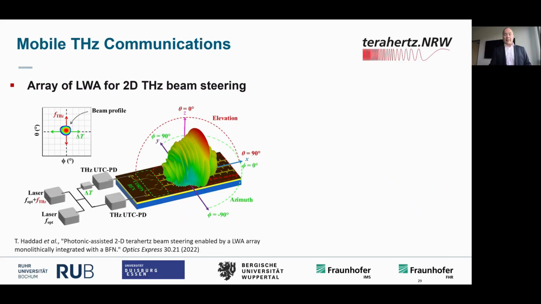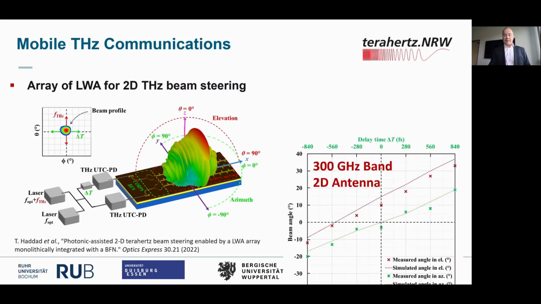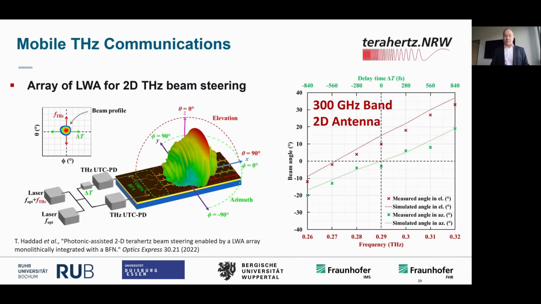We have integrated several of these antennas in parallel and also integrated another freedom to steer the beam. This now allows us to steer the beam not only in one direction, in elevation, but also in azimuth. So we are now able to steer the terahertz beam in both directions. And we have tested and measured this. What you see here on the slide is the beam angle that we can steer.